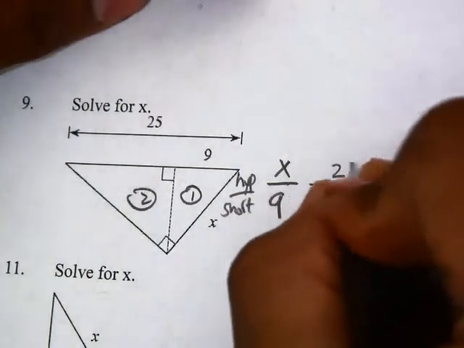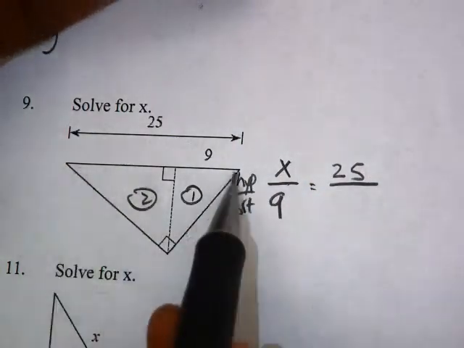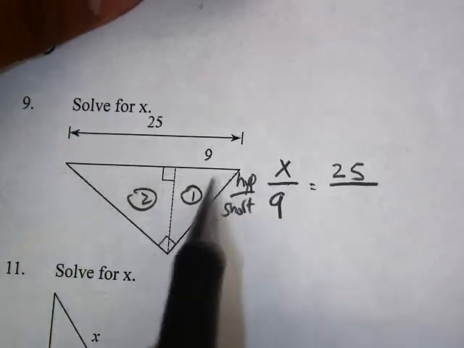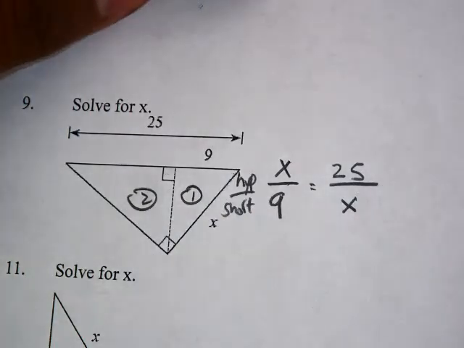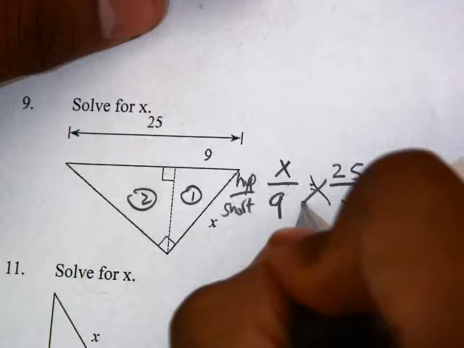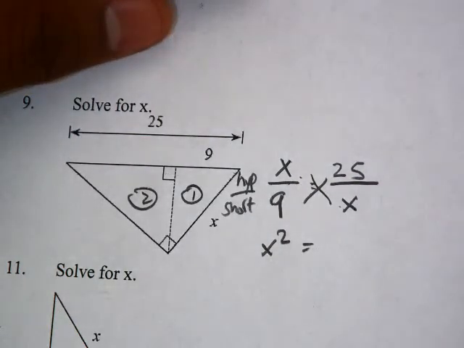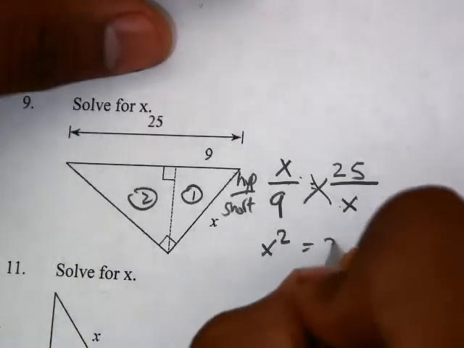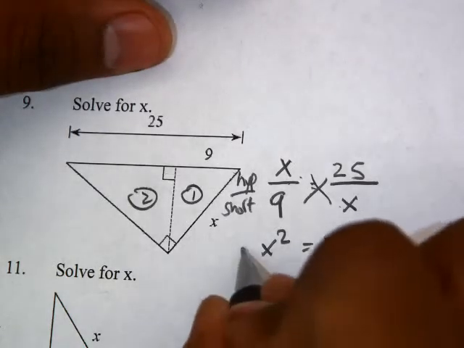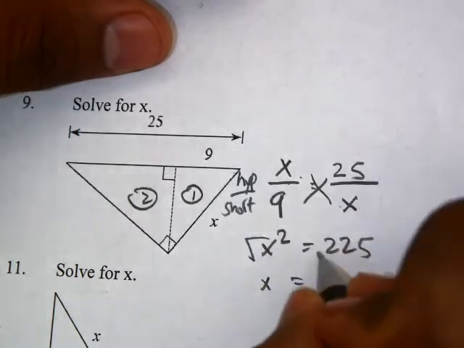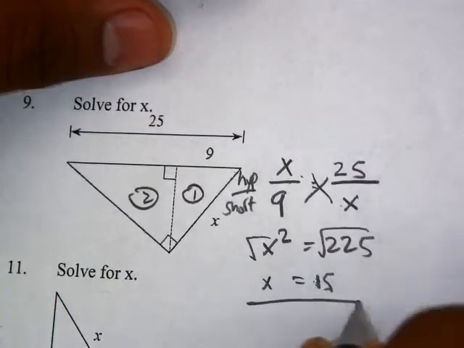So let's start with that. The short leg on the big triangle is this x. So there I have something, and now I have a proportion to use. x times x is x squared. 9 times 25 is 225. And square rooting to solve for x, I get that x is 15.